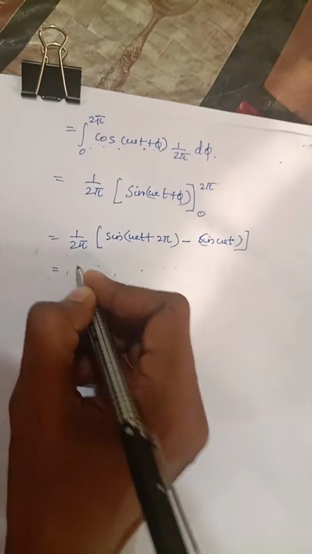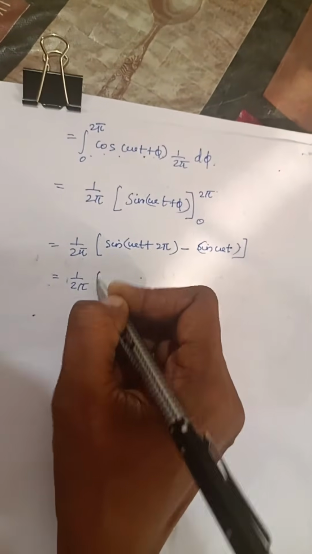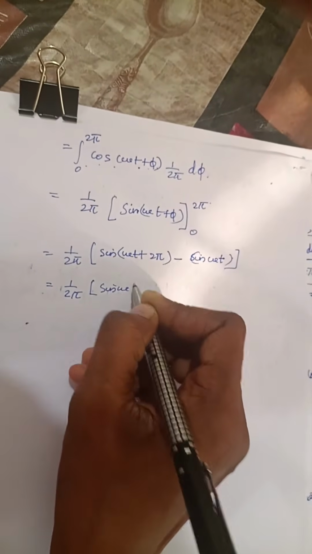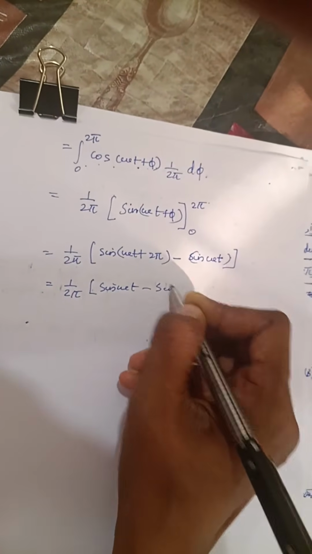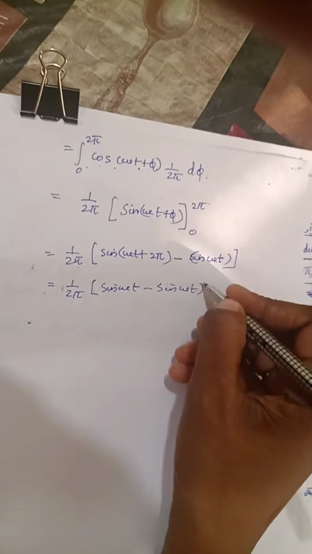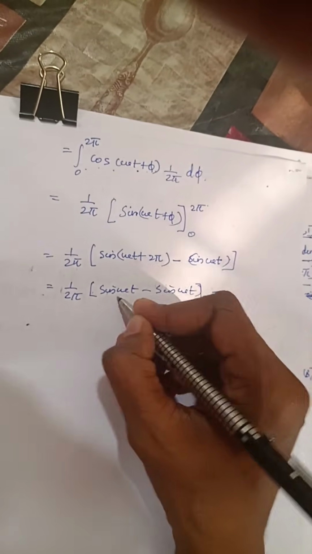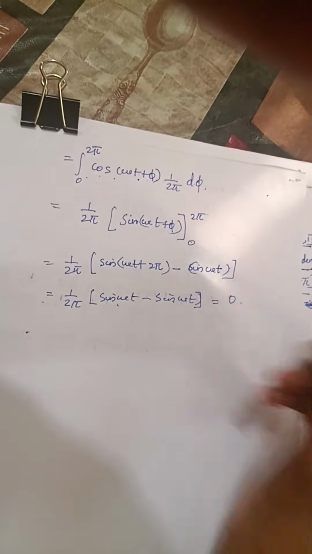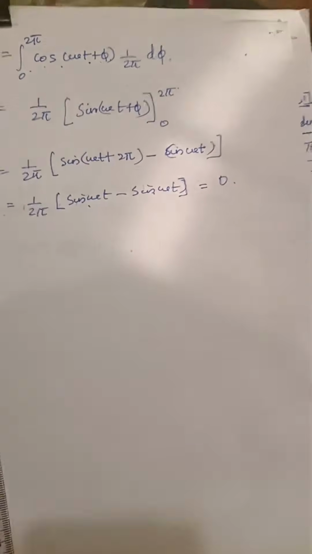So this will become 1 by 2 pi [sin omega t minus sin omega t]. So this is 0. So expectation of cos(omega t plus phi) is 0.